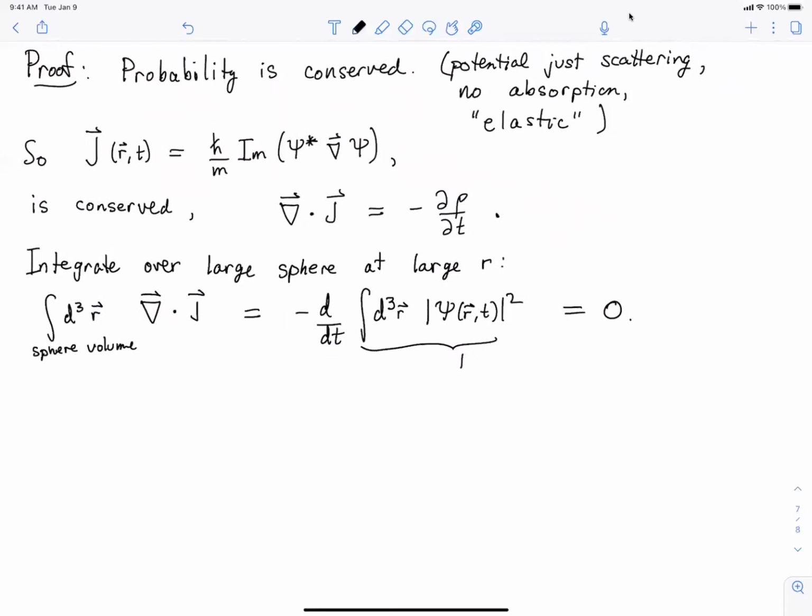On the other hand, we're integrating over a volume of a divergence, and that is practically begging us to use Gauss's theorem, because that's exactly what Gauss's theorem deals with, integrals of divergences. And so Gauss's theorem tells you that's the integral over the surface, or the sphere area at large R.